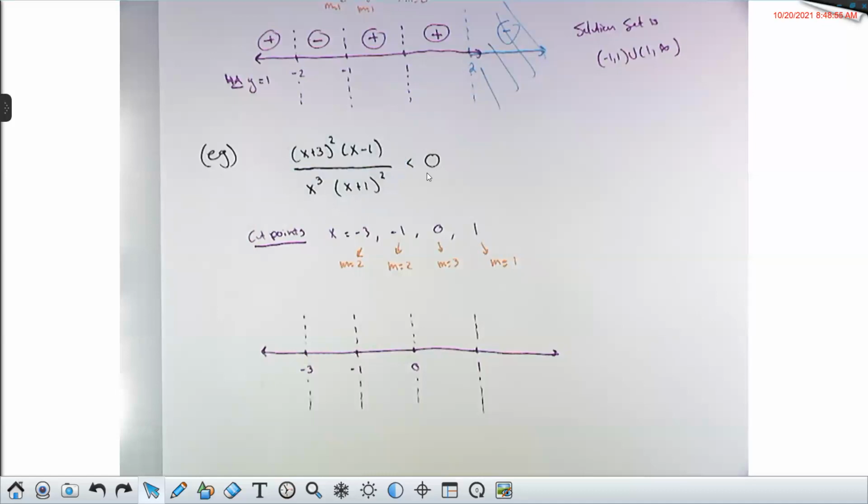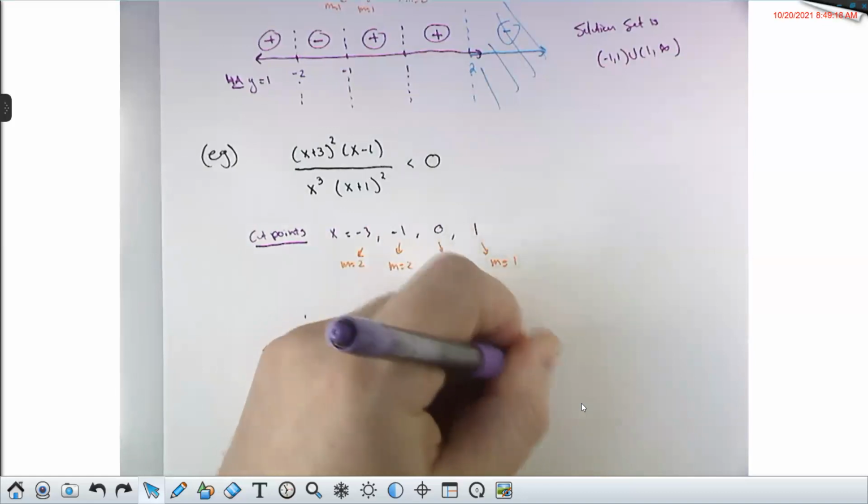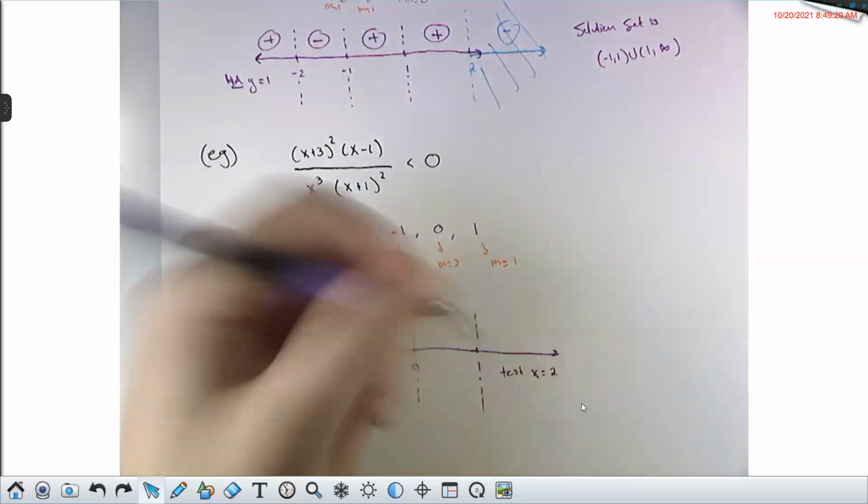So the horizontal asymptote will not save me here. Also, there is no y-intercept because the function is undefined at x = 0. So in this case, we are going to have to test at least one point. Let me test a point over here. Let's test x = 2.